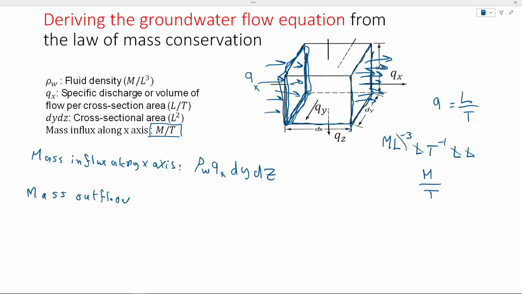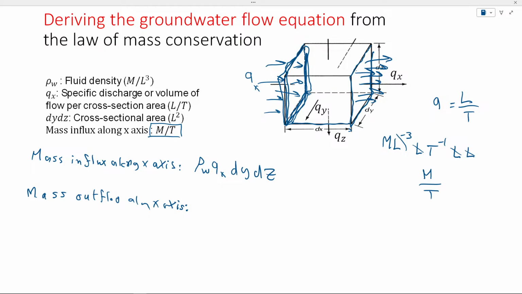So this outflow would be along the x-axis. That would be equal to the mass influx, what's coming in, plus what is changing inside this volume.